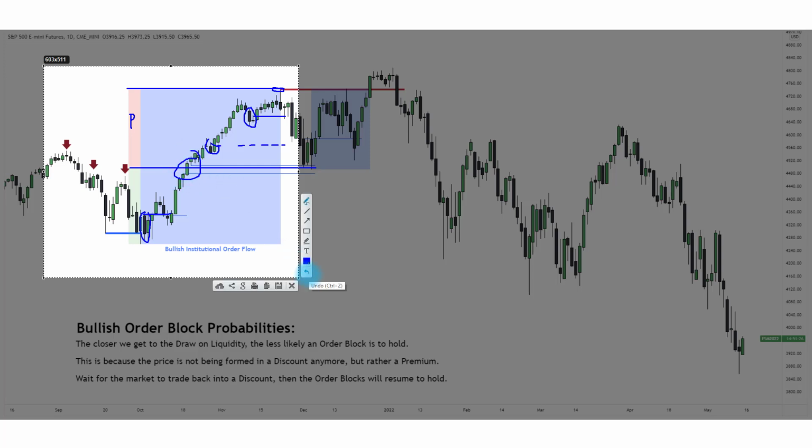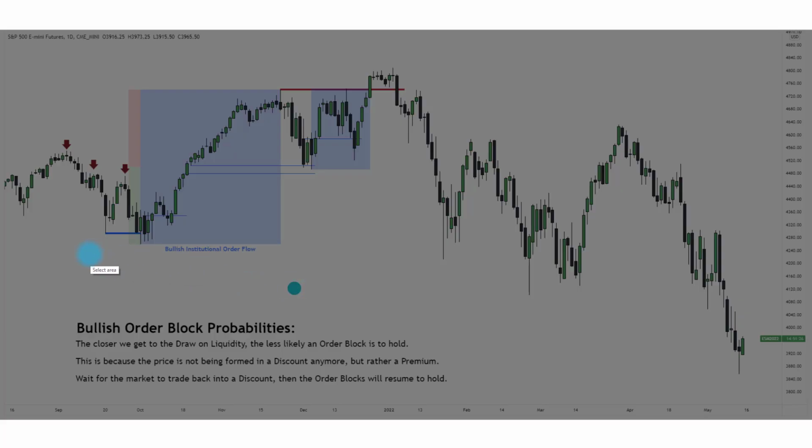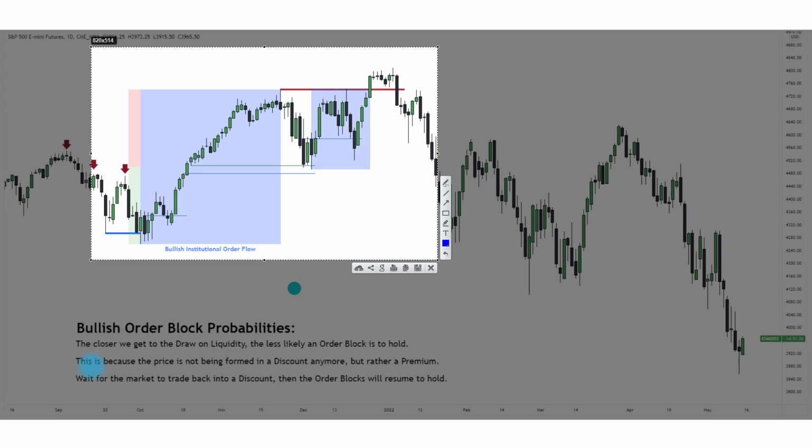So now we're back in bullish conditions. Once the market has traded back to a discounted market here, the order blocks can resume to hold again. So here we've traded into a discount now. Then if a bullish order block prints, they're going to hold as usual.